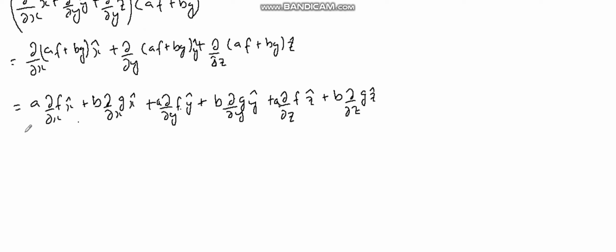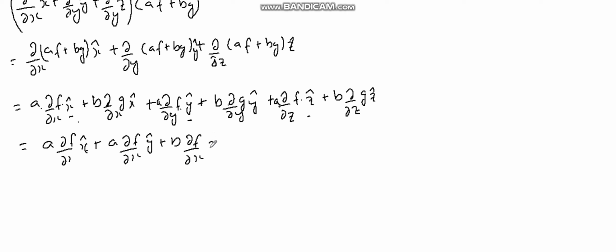Now, the x cap, y cap, and z cap terms with f all have a as a coefficient. So a del f by del x x cap plus a del f by del y y cap plus a del f by del z z cap.